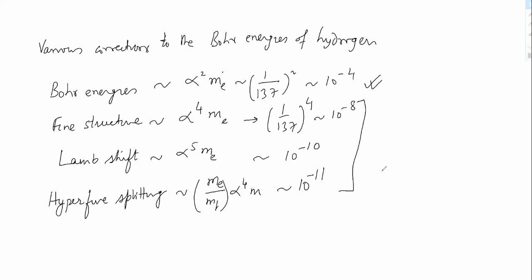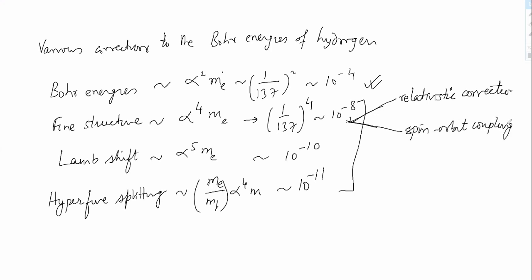And among them, you are seeing that the fine structure is the most dominant, and we will see that the contribution to fine structure comes from two reasons. One is the relativistic correction and the other is spin orbit coupling.